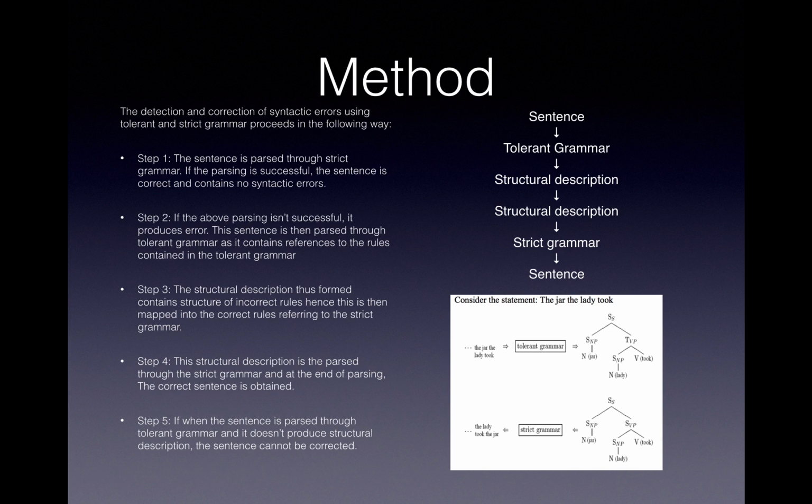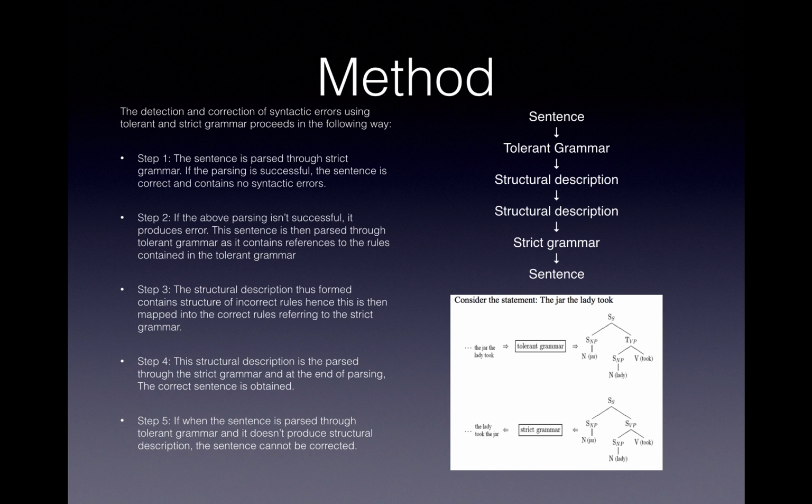In step 2, if the above parsing isn't successful, it produces errors. The sentence is then parsed through tolerant grammar, as it contains references to the rules contained in the tolerant grammar. In step 3, the structural description thus formed contains the structure of incorrect rules.